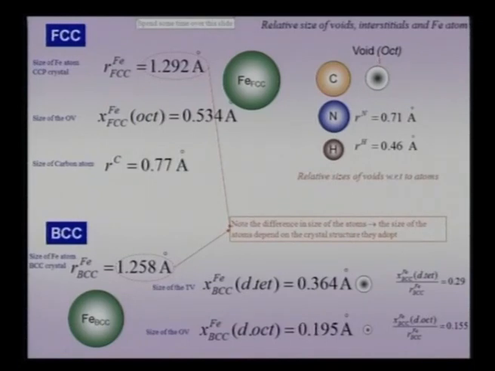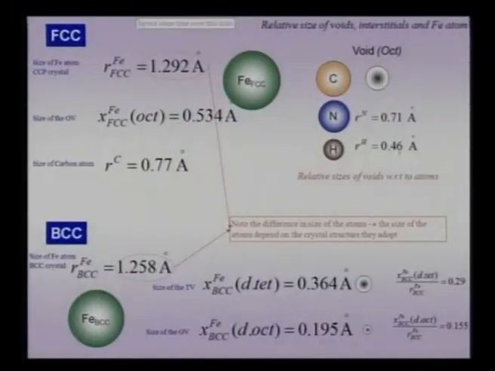So, even though, as I pointed out, the solubility of carbon in gamma iron is more, which is the FCC form or the cubic close pack form of iron, even then we note that the void is not even enough to fit a carbon atom. The void just happens to be good enough to fit, for instance, a hydrogen atom, which has a diameter of about 0.46 angstrom.